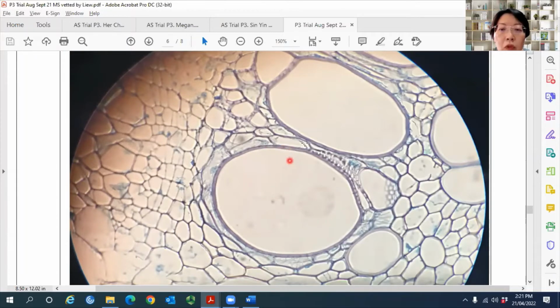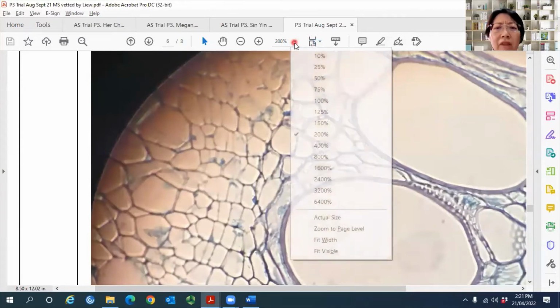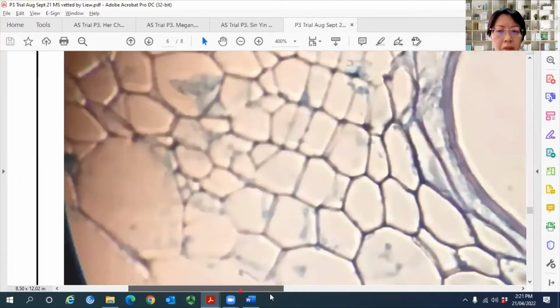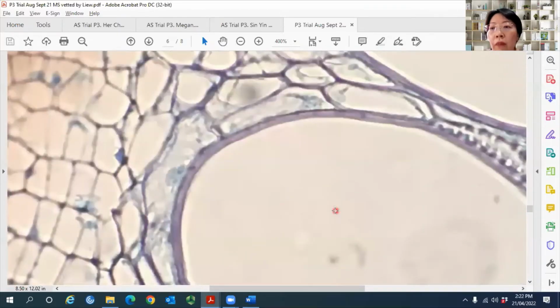That means it's already stained so that the lignin will show you this purple color, supposed to be pink, okay? Then, so you're supposed to choose these 2 cells to draw and draw all other cells in between them in detail. So if I'm going to enlarge it further for you to see, right? Actually, you can see very clearly, just now I make it very large, I can see very clearly the cell wall is made up of, where's my cell wall?